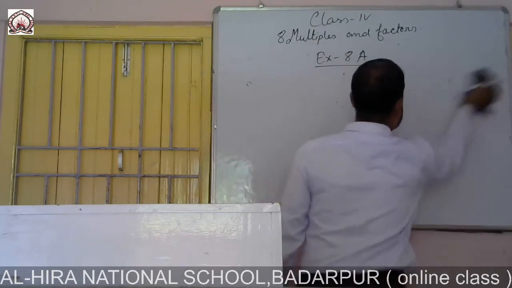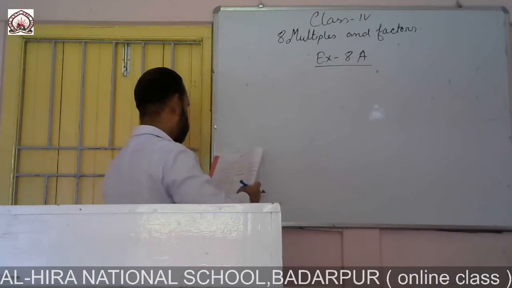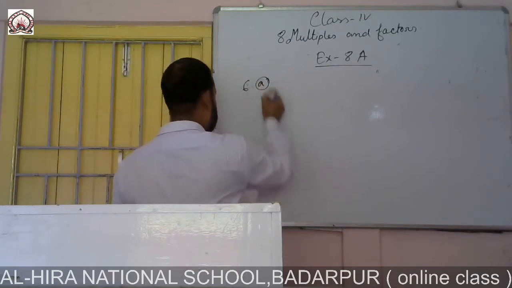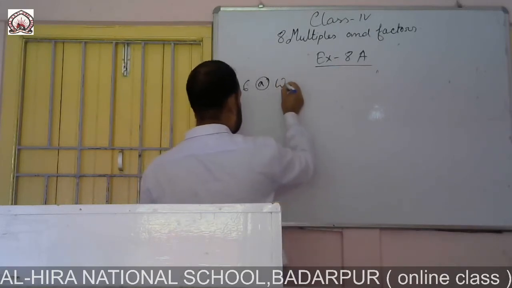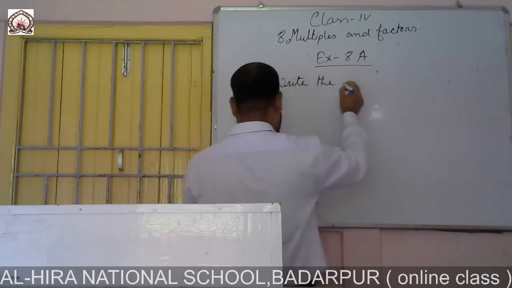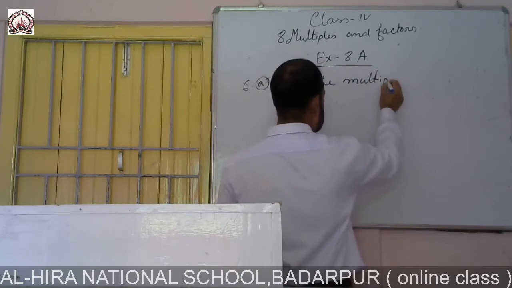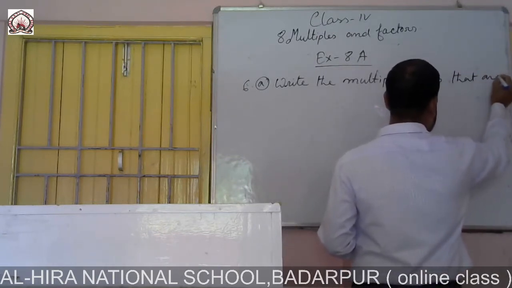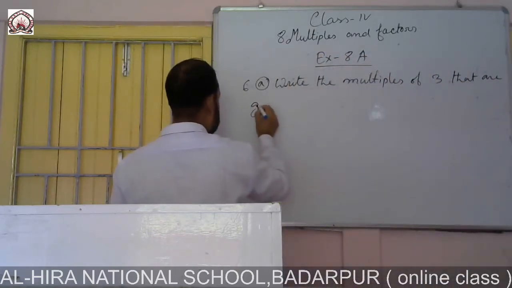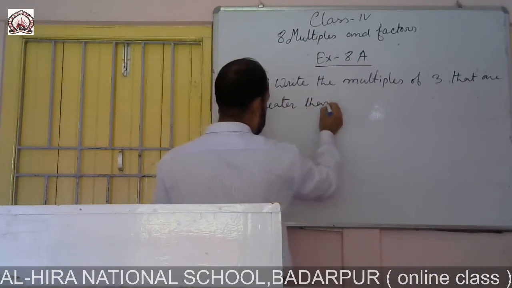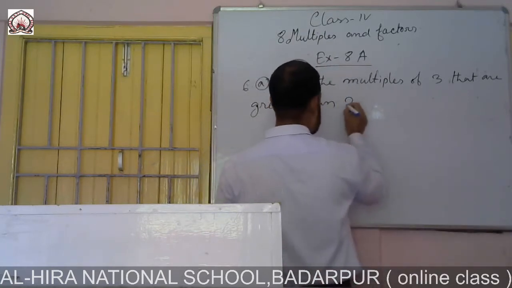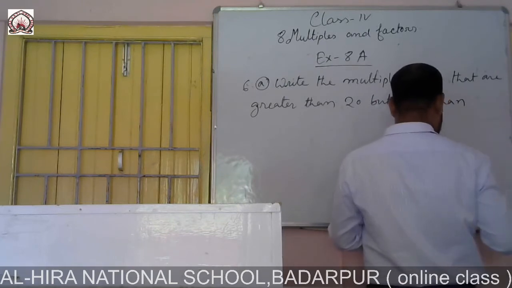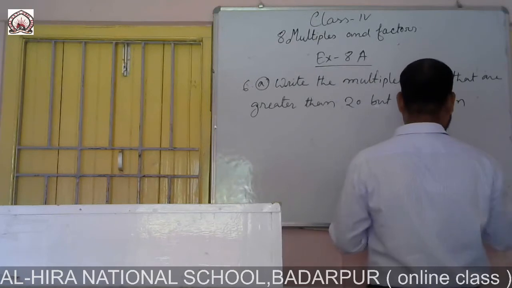Next, question number 6A. Write the multiples of 3 that are greater than 20 but less than 35.